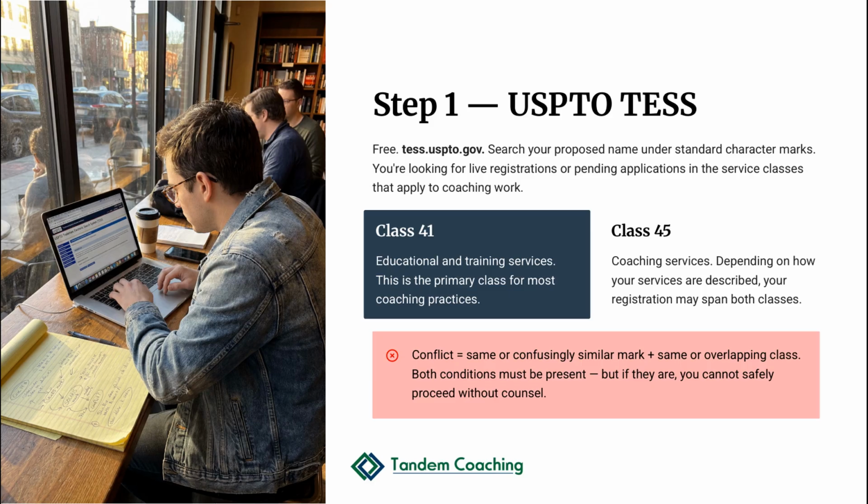The classes that matter for coaches are Class 41, Educational and Training Services, and Class 45, which covers personal services including coaching. A blocking conflict is same or confusingly similar mark in same or overlapping class. Your name might be unique in Class 25 for apparel, and that's still irrelevant if Class 41 is occupied.